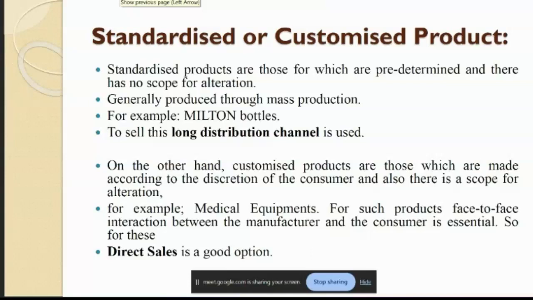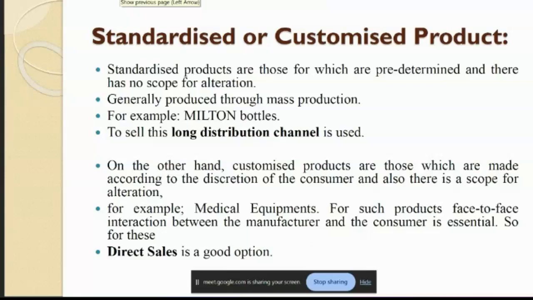On the other hand, if you have a customized product, that means you are customizing it for every customer. In that situation, it is very difficult to set up a different machine for every customer, right? For example, medical equipment at times requires alteration, or inputs from the customer: I want it this way, I want it that way. So more face-to-face interaction should be there with the consumer, and that is where direct sales could be a very good option.